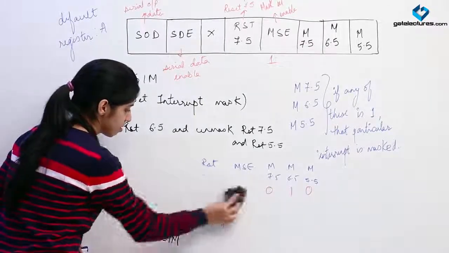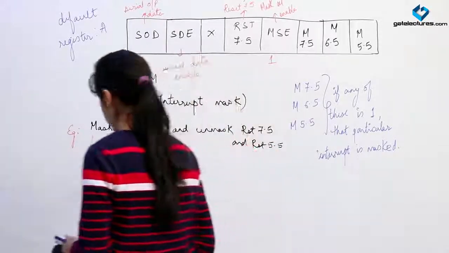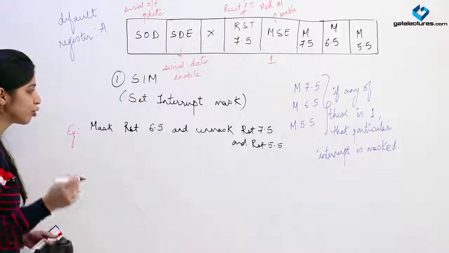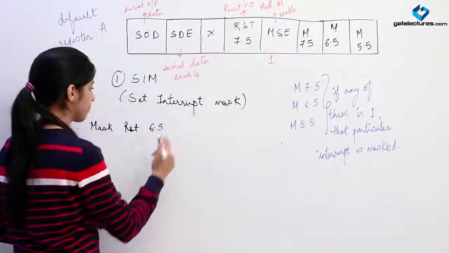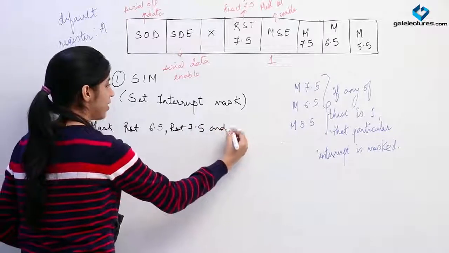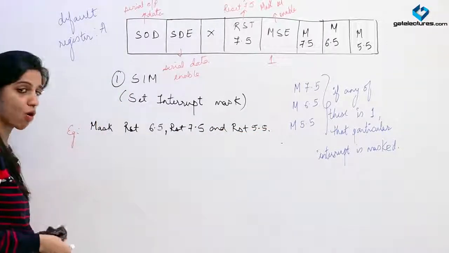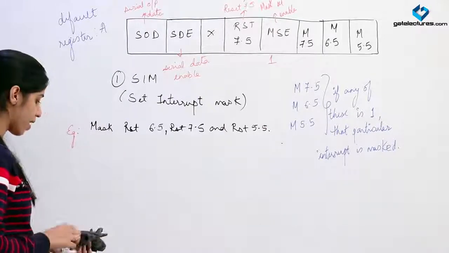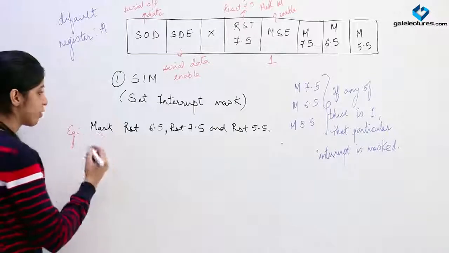Suppose you've got an example: write an ALP to mask RST 6.5, RST 7.5 and RST 5.5. Now you have got to mask all the interrupts, all RST 6.5, 7.5 and 5.5. We have to mask all three of them.